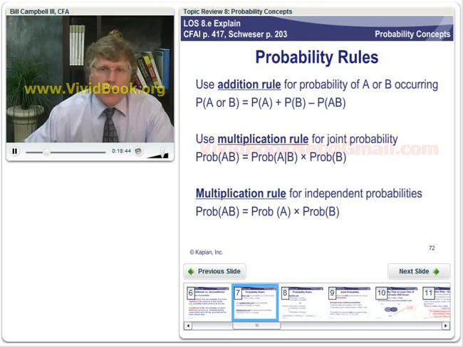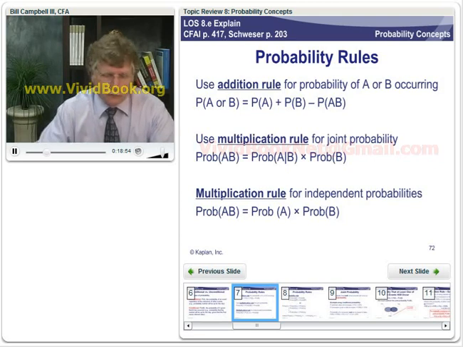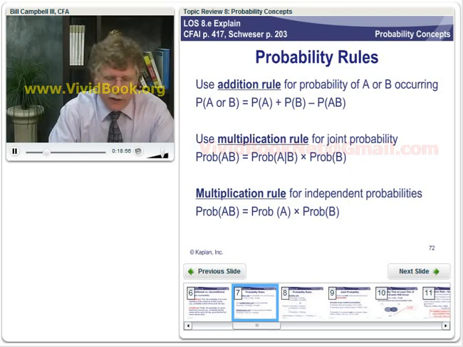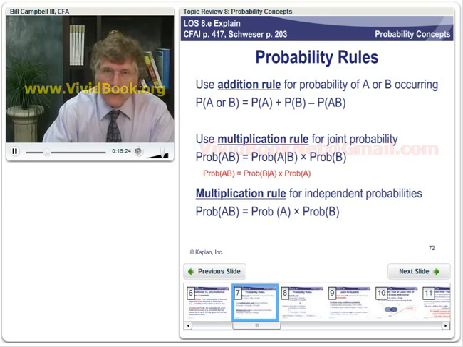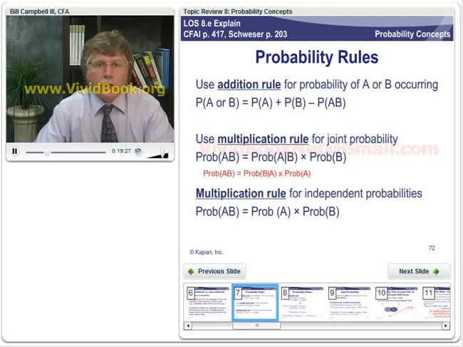Now, underneath that, I want you to write another rule very similar to this one, and that is that the probability of A and B is equal to the probability of B given A times the probability of A. So you can do it in either order.